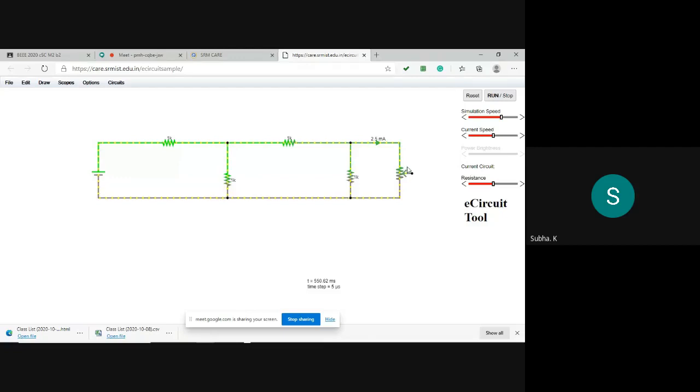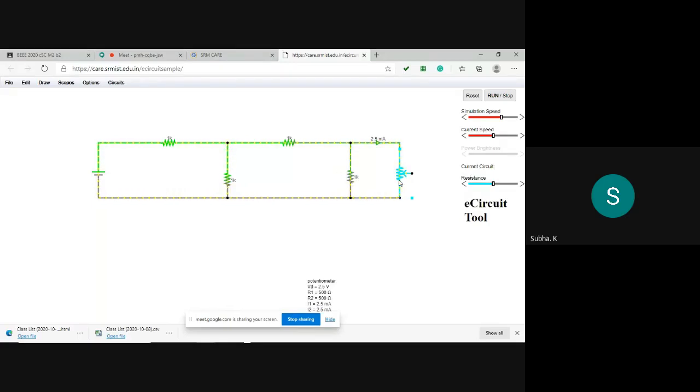So this one I can vary. Only 500 ohm it's showing because it is in the middle.